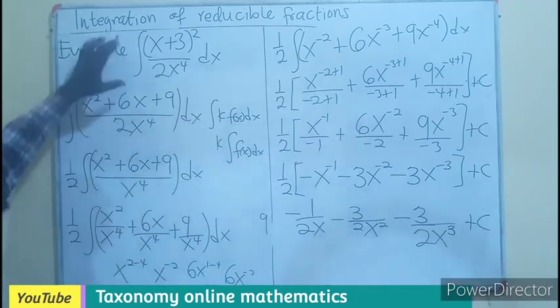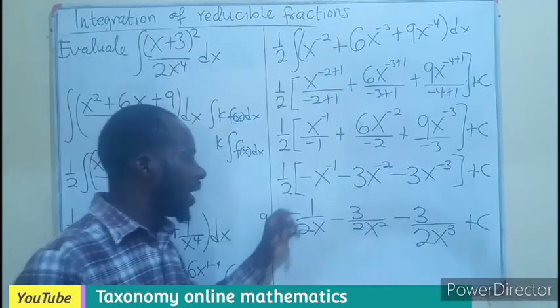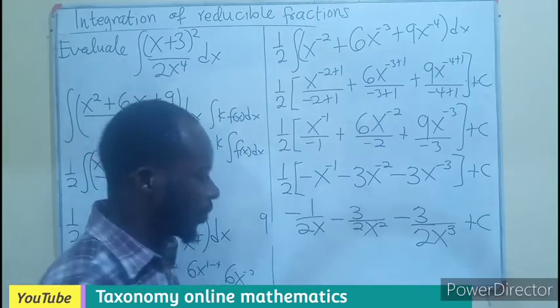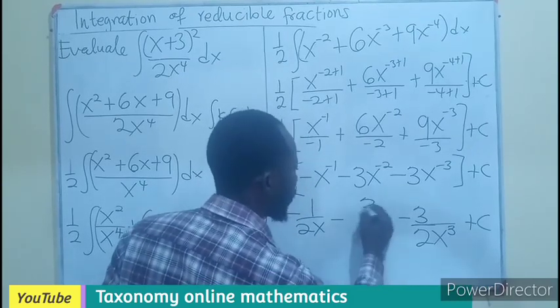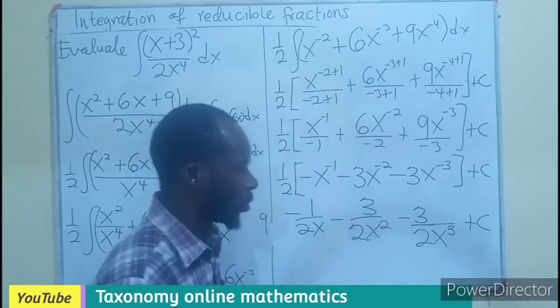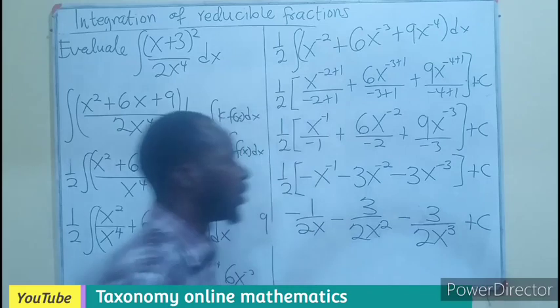So in all, evaluating this will give us minus 1 over 2x, minus 3 over 2x squared, minus 3 over 2x cubed, plus C. We can rewrite this so that the 3 sits on top, like this.